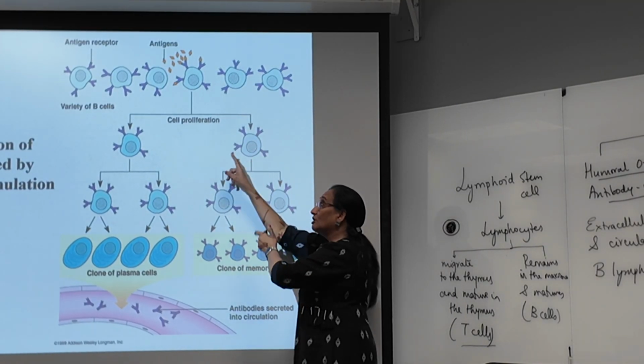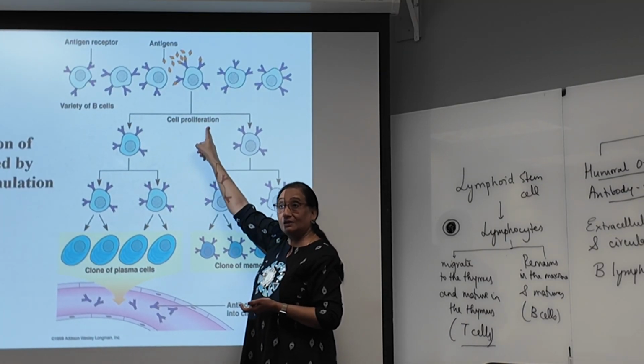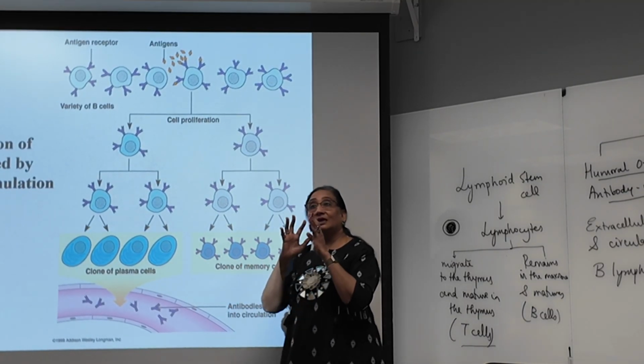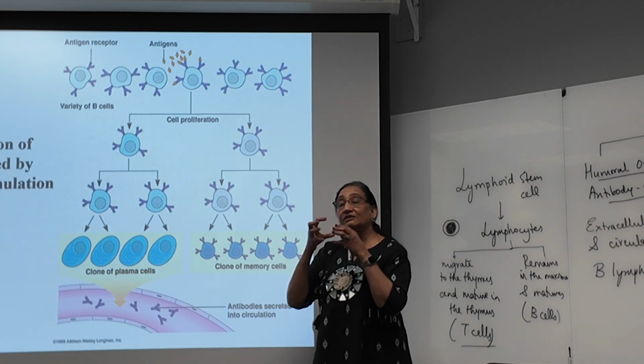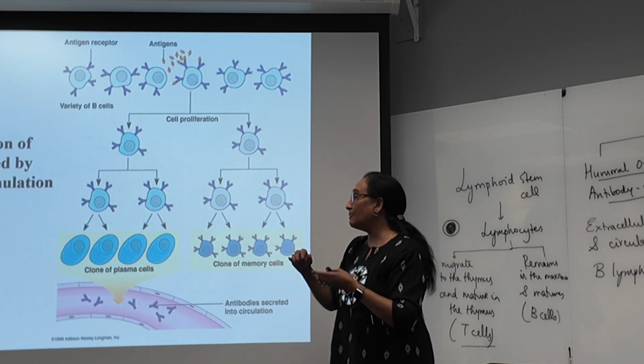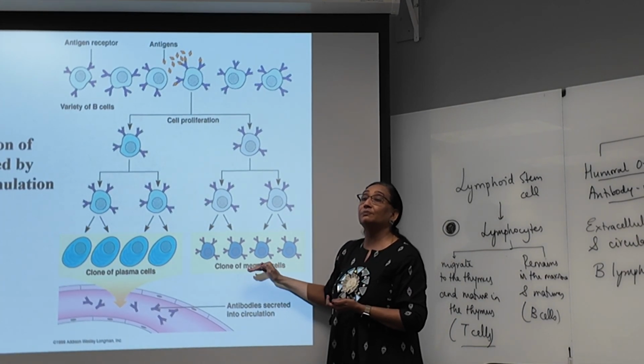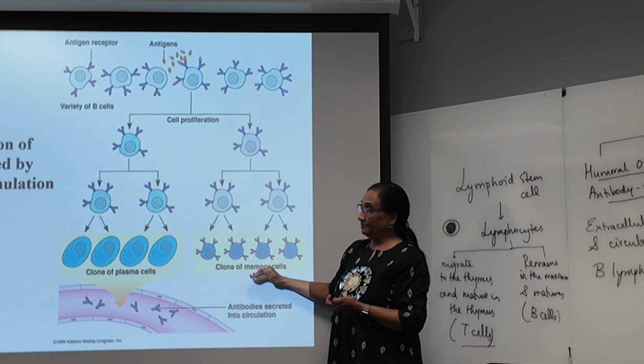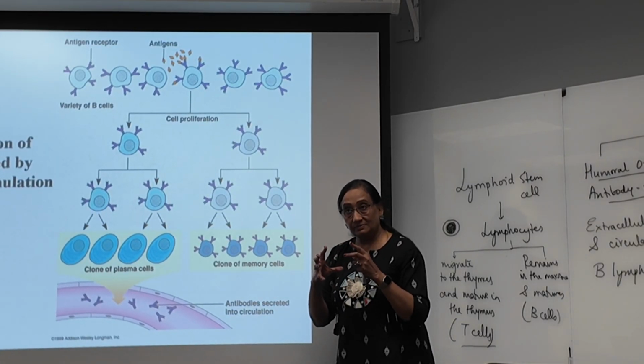Another population of those multiplied B cells will remain like that and go into a memory bank. They will form the memory B cells, and they will remain.